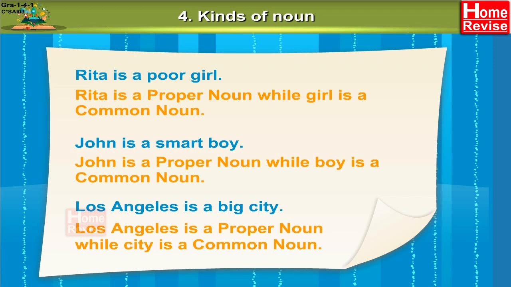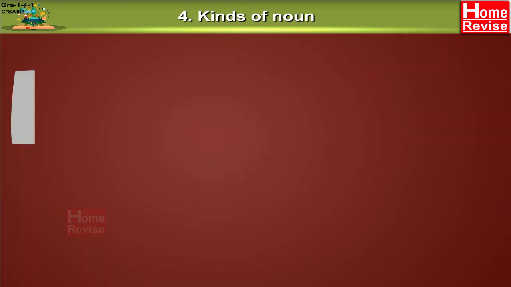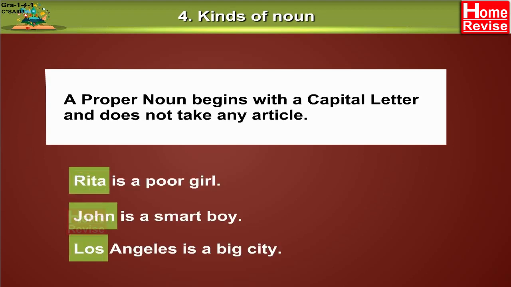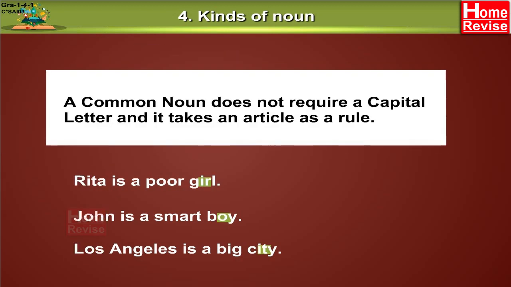Los Angeles is a proper noun, while city is a common noun. Remember, students, a proper noun begins with a capital letter and it doesn't take any article. Whereas, common noun doesn't require a capital letter and it takes an article as a rule sometimes.